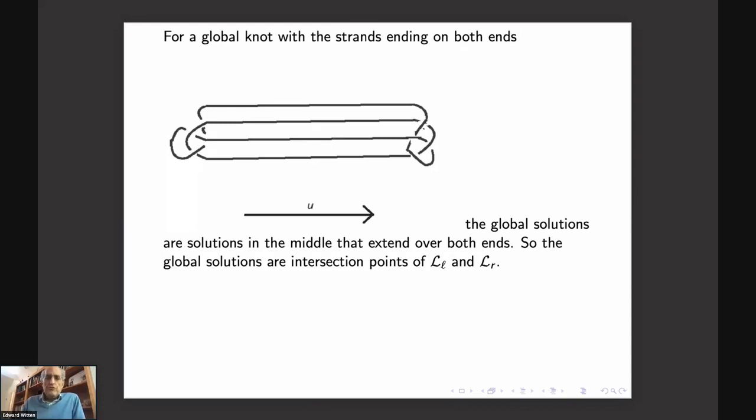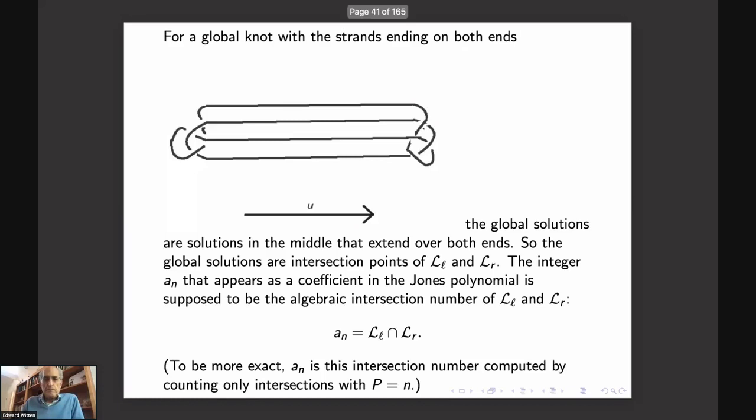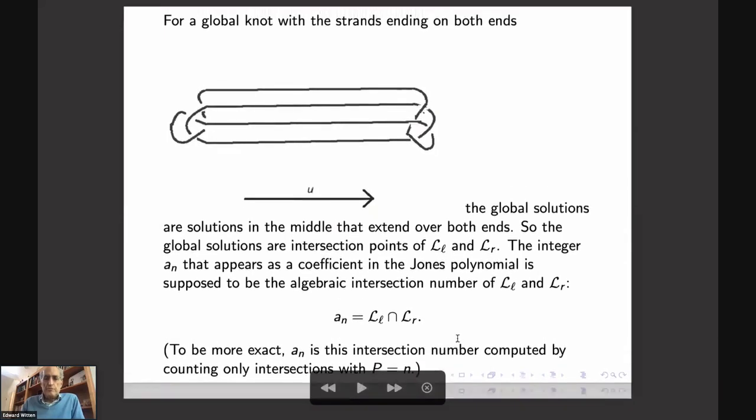So the global solutions are intersection points of L sub L and L sub R. The integer a_n that appears as a coefficient in the Jones polynomial is going to be the algebraic intersection number of L sub L and L sub R, which will be the count with signs of the solutions of the global equation in the presence of the knot. To be more exact, a_n is this intersection number where we only count intersections where the topological invariant P is equal to n.